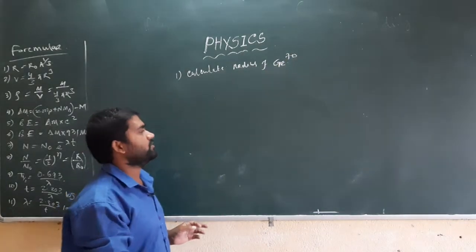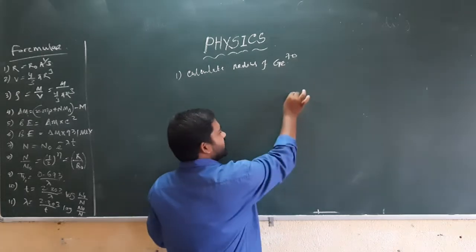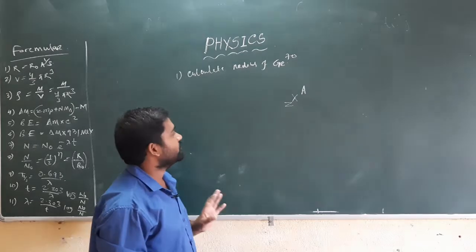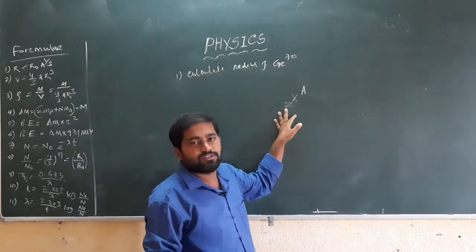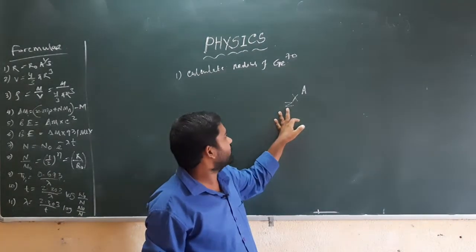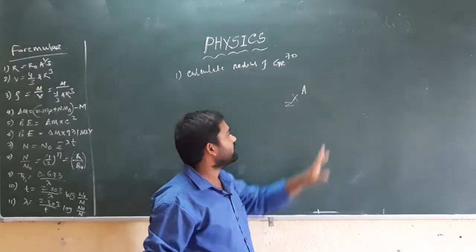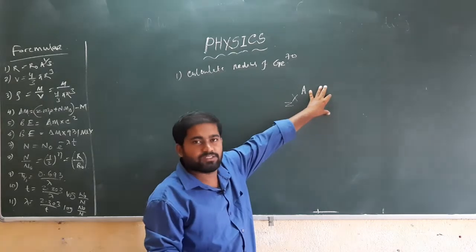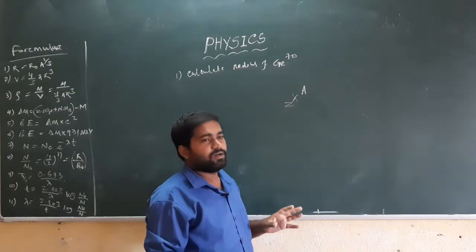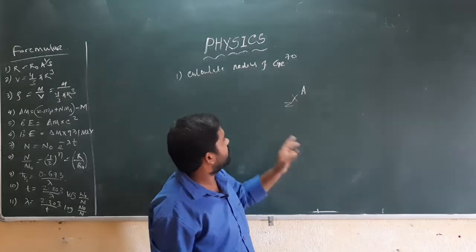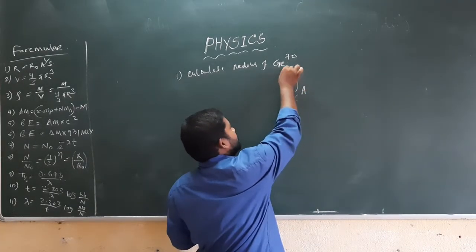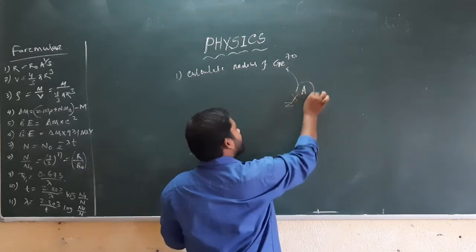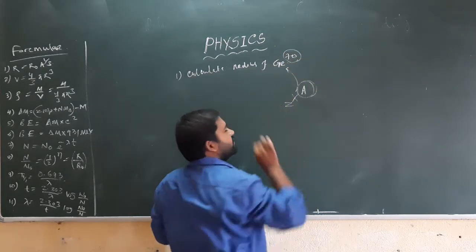Generally we represent a nucleus as X, Z, A, where Z is the proton number or atomic number, and A is the mass number, or the atomic mass number. When we compare this representation with the given data, we find the atomic mass number is given as 70.